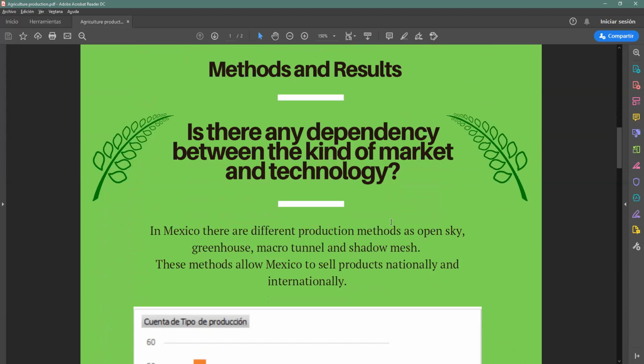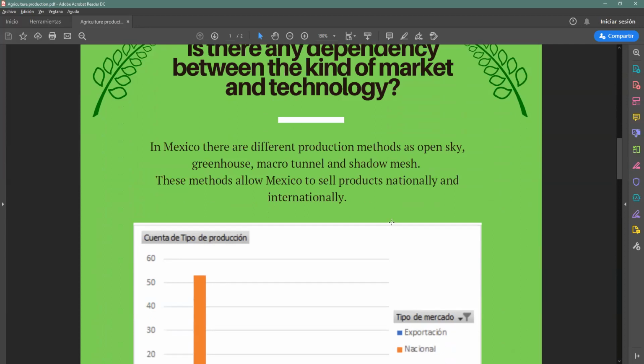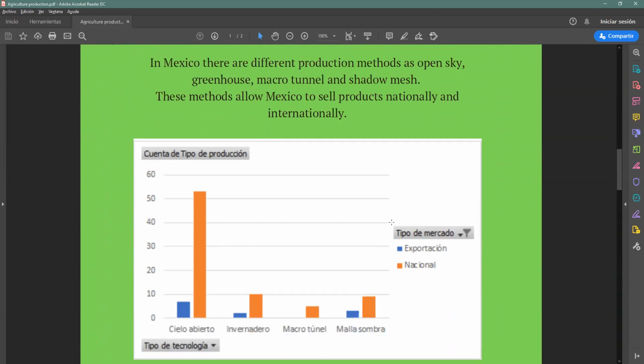So for the first test that we did, we wanted to know if there was a dependency between the kind of market and the type of technology that was used in this database. So analyzing the different types of production like open sky, greenhouse, microtunnel, and shade mesh, we compared it with the type of market, that is national or exportation.